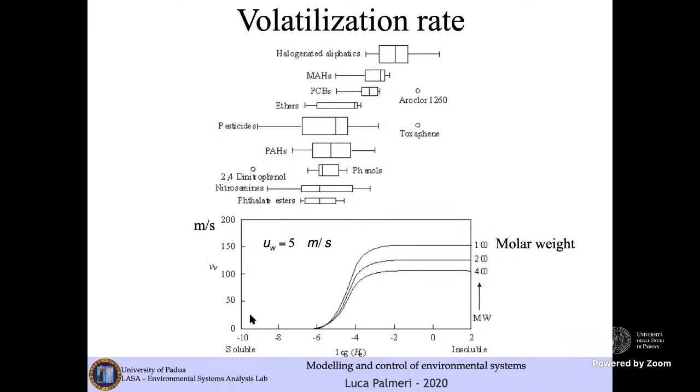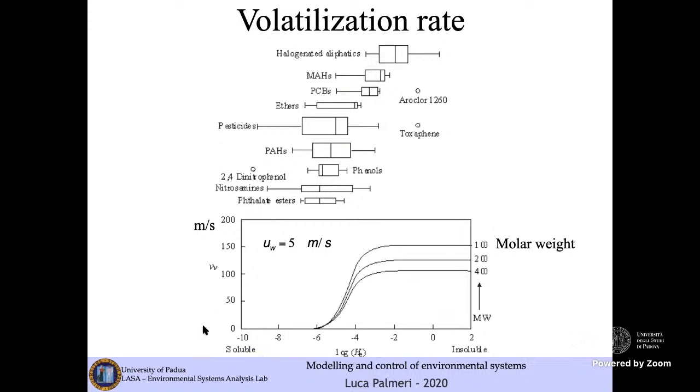In this case, we may find this type of graphs in which we may calculate or have estimation of Henry constant values in terms of logarithm of Henry constant values in terms of soluble and insoluble substances.